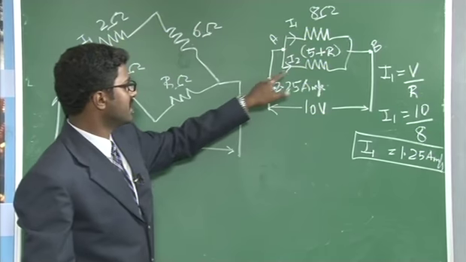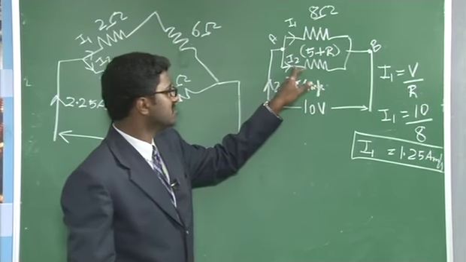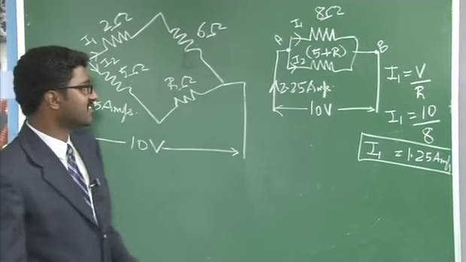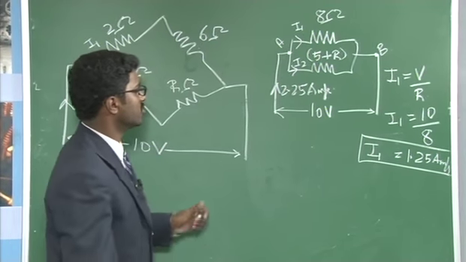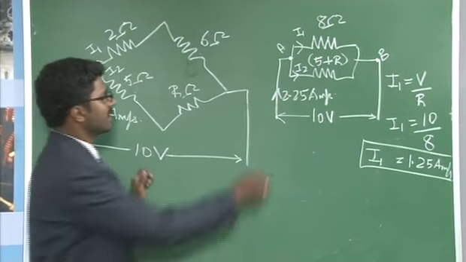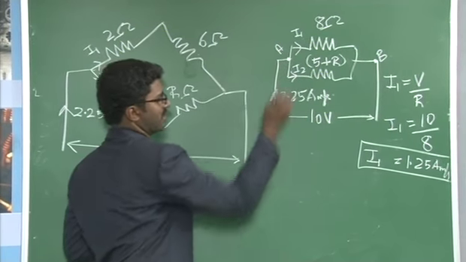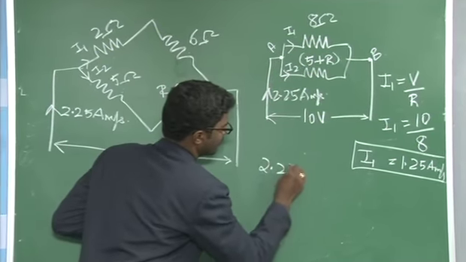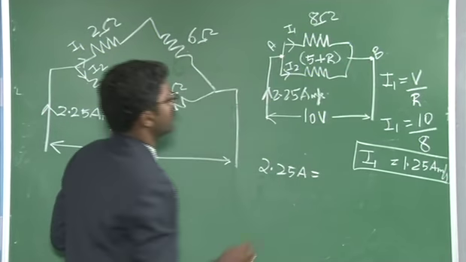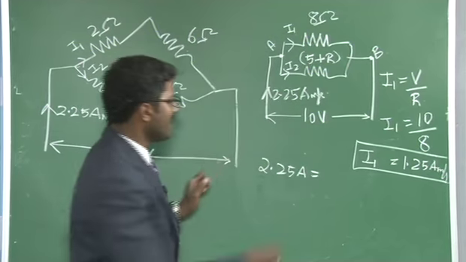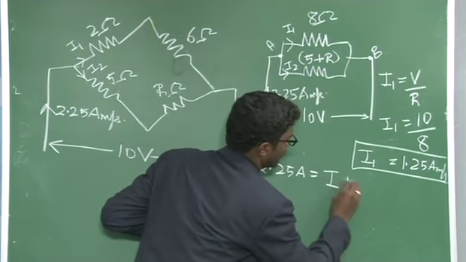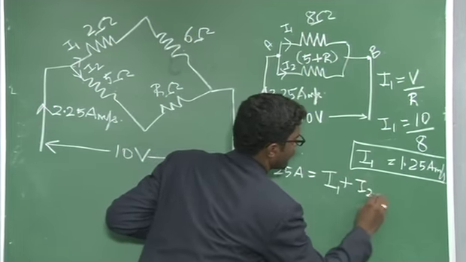Now I need to determine the current flowing in the second branch, that is I2. You know that KCL states that the algebraic sum of incoming currents is equal to the algebraic sum of outgoing currents. The incoming current at this node is 2.25 amps, which is equal to the currents leaving this node, I1 and I2. So 2.25 is equal to I1 plus I2.